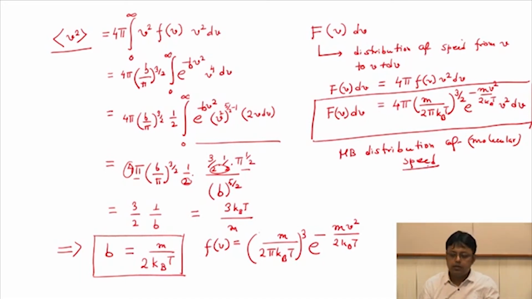So what we discussed today so far is that we started with kinetic theory of gas, and then we said that actually the gas molecules have a range of velocities. It is not that every molecule is having the same velocity. And then we argued that on a statistical ground, within a range of velocities, the number of the molecules will be the same, and that's what exactly we wanted to calculate.